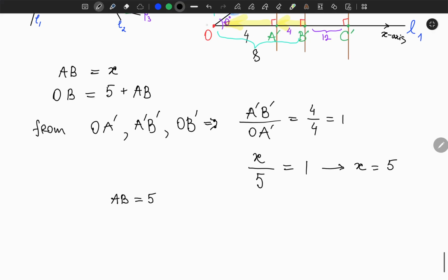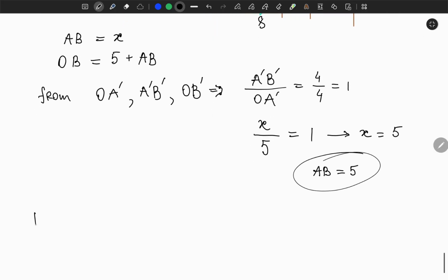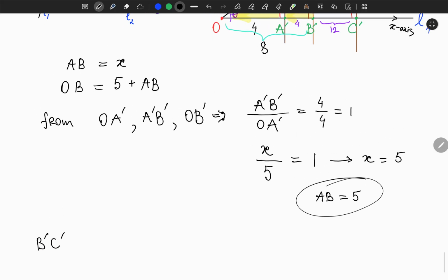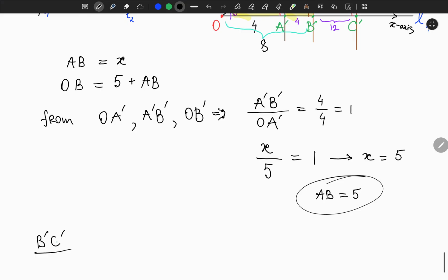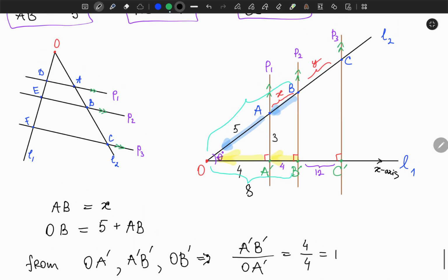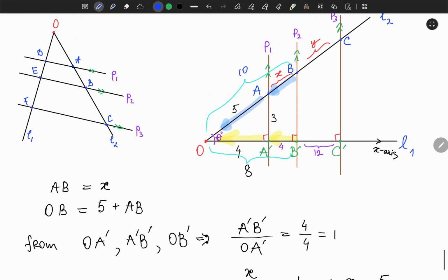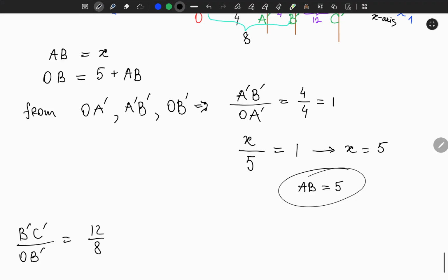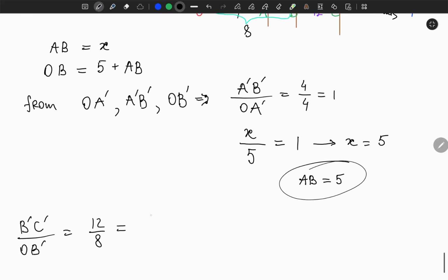Okay, BC. Now B prime C prime over OB prime, which is 12 over 8. Now here we know already, here we got 5 plus x, we got it as 5, 10. So the other part, what's going to be, which is equal to y over 10.